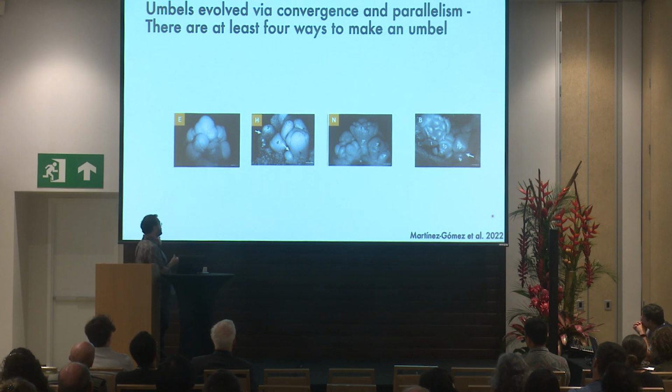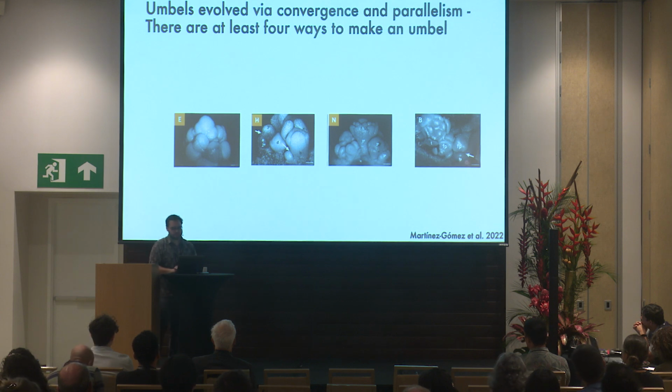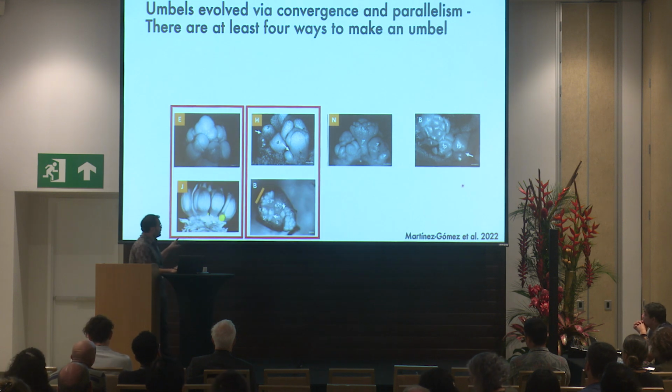Here I'm showing you representative micrographs of the different types. We have umbellate inflorescences that arose from racemose origins, where you have the primary axis and the lateral axes are simply flowers. And we have these three instances where umbellate inflorescences are arising from some form of thyrse or thyrsoid structure. And really interestingly, within two of these cases, there was an additional case of parallel evolution, so umbels are evolving via the same genetic mechanism.